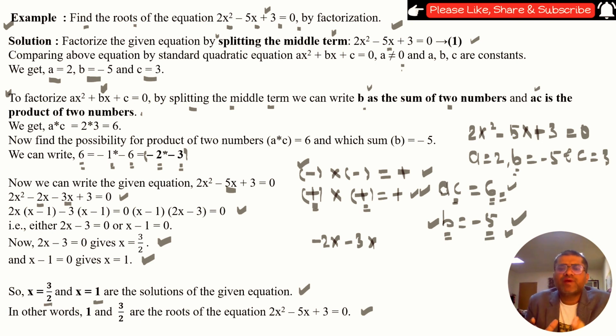If we put x equal to 1 and x equal to 3 by 2 and the value of LHS equals the value of RHS, it means your solution is correct. Just see how we satisfy this by putting the value of x.